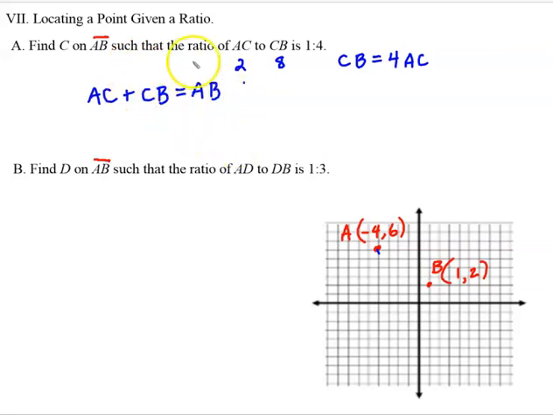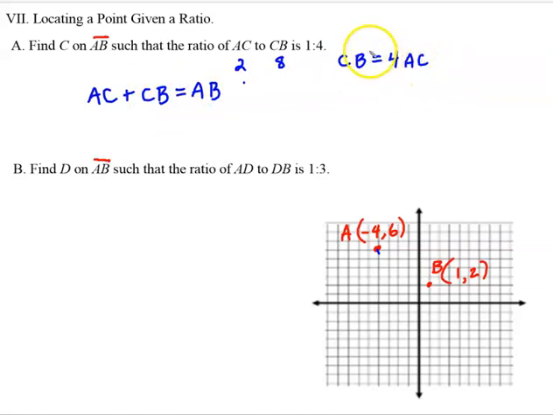All I'm doing is pretty much stating the obvious, that the segment AC, whatever it is, added to the segment CB has to be the entire length. And using substitution, we just said that CB is the same thing as 4 times AC.